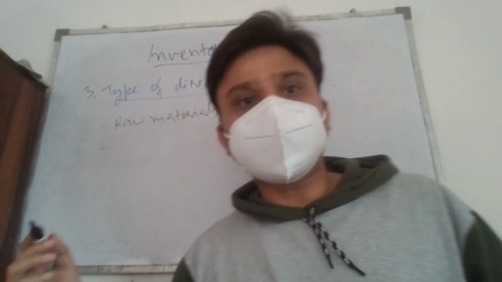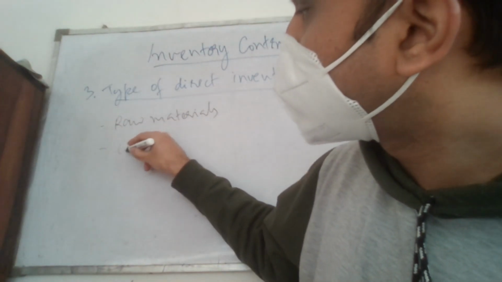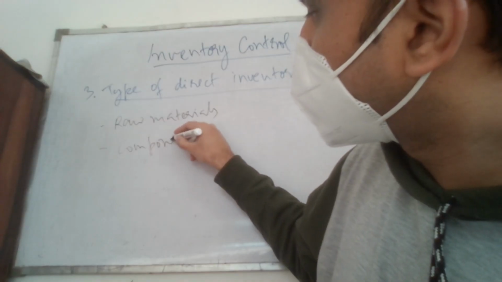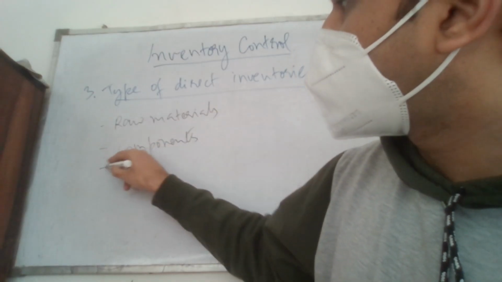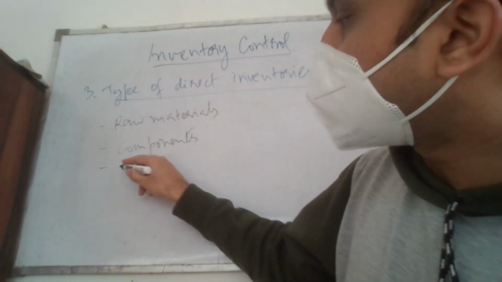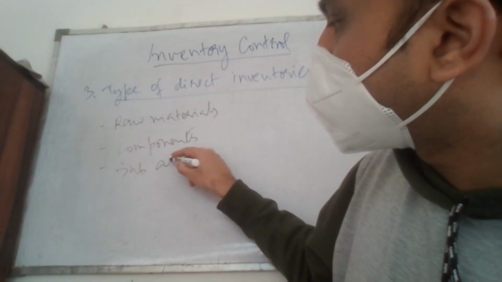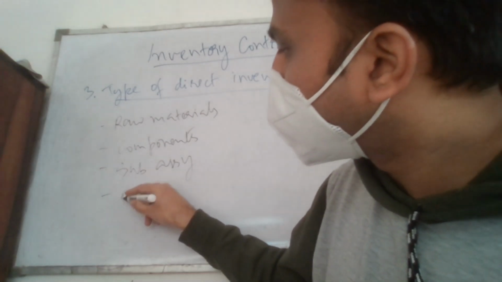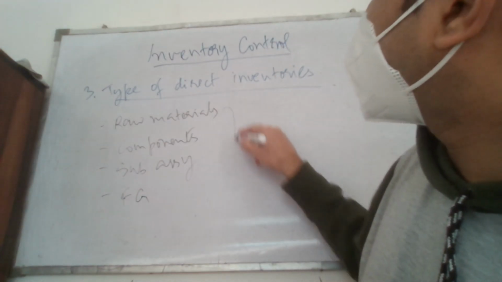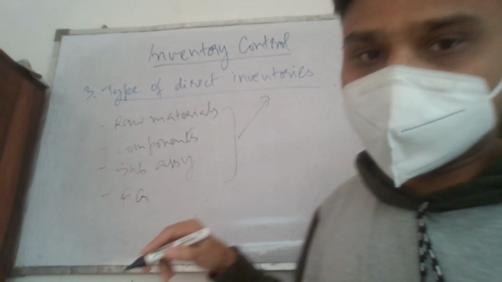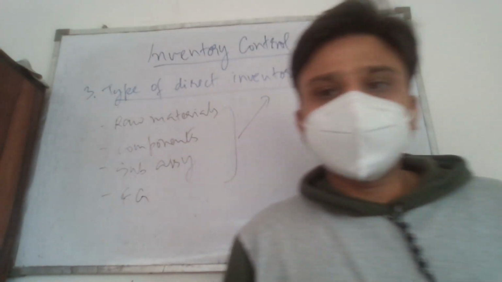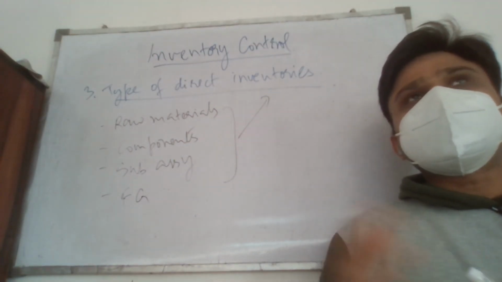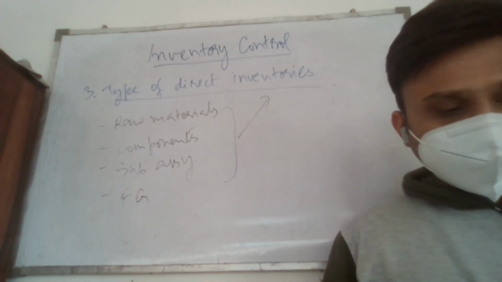We also have components, sub-assemblies, and finished goods. So all these are your direct inventories. Let us go through them one by one.